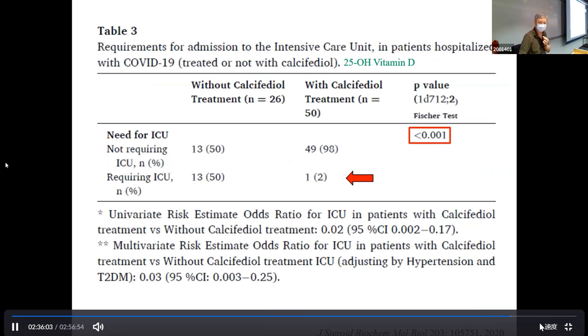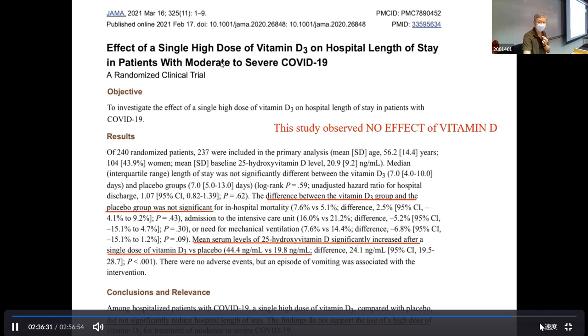And this is a study done just 2 years ago, indicating that those with 25-hydroxy-D supplementation versus those without it differ in the incidence of the need to go into ICU. So this is considered to be a positive effect of vitamin D. But this other study says there is no effect of vitamin D. So there are different reports.